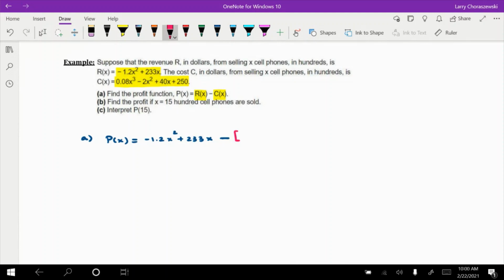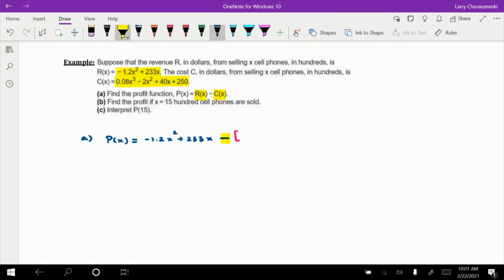So in other words, make sure that you put whatever function you're subtracting inside of some sort of grouping symbols. That's particularly important for this type of problem because we're subtracting. By putting the expression in some grouping symbols, it cues you in as to needing to distribute the minus sign, which is what we'll have to do.